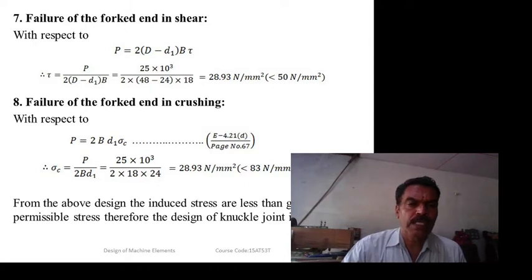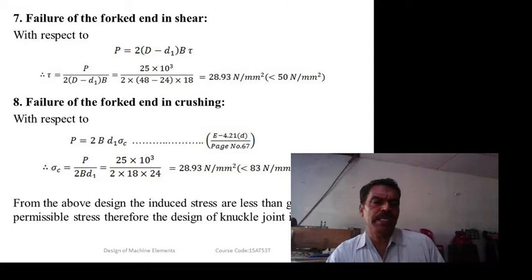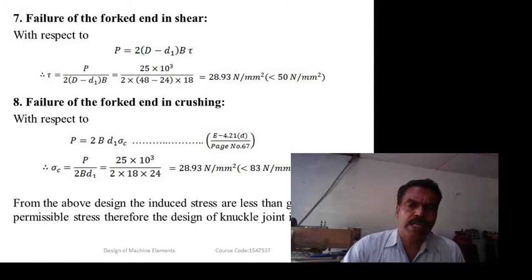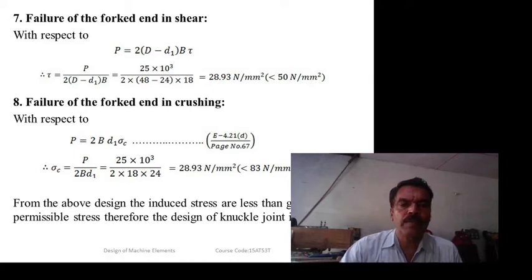Sigma c has to be calculated here, so sigma c is taken outside. Therefore sigma c is equal to load divided by area. By substituting all these values, finally you get 28.93 Newton per mm square, and it is less than the permissible value.